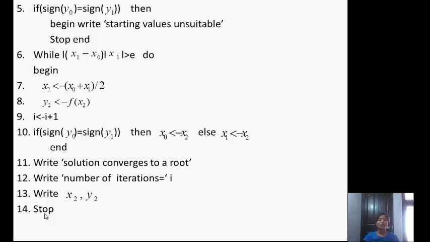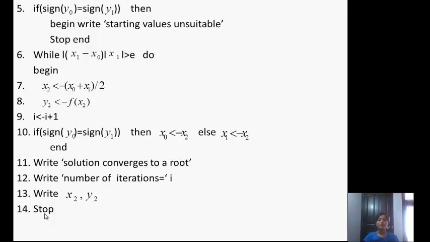So while the mod of x1 minus x0 upon x1 is greater than e, our value for x2 is x0 plus x1 upon 2, and the value for y2 is the function value at x2. Now we have to increment i by 1.